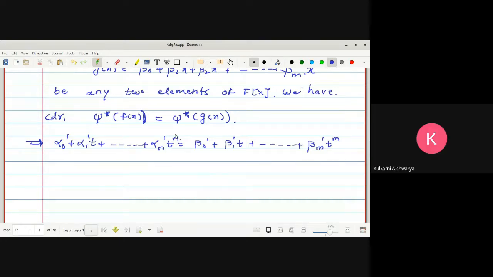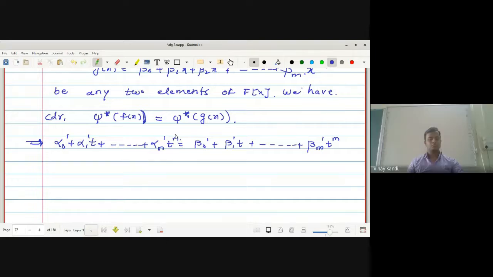No, sir. Now this implies, suppose n is equal to m and alpha I dash is equal to beta I dash.